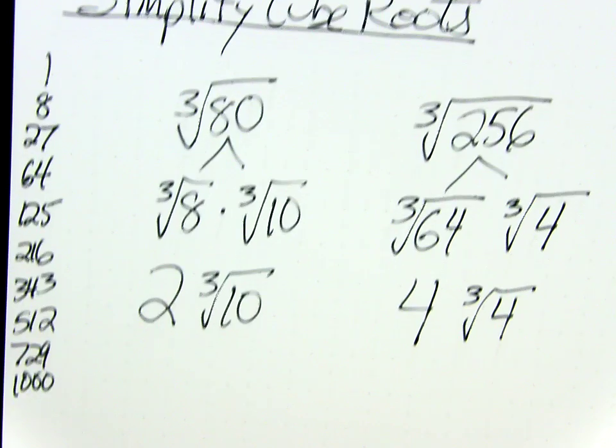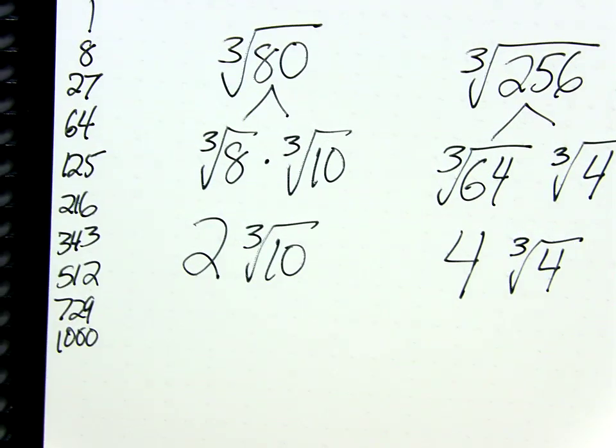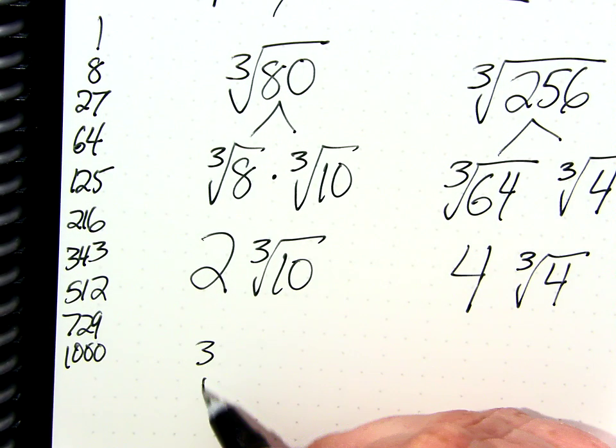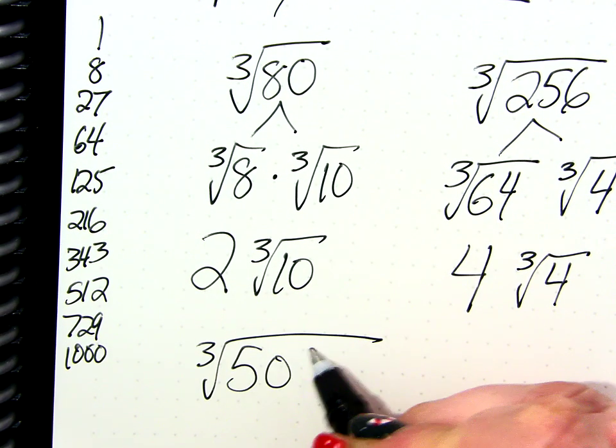Okay, you try this one. How about the cube root of 5,000?